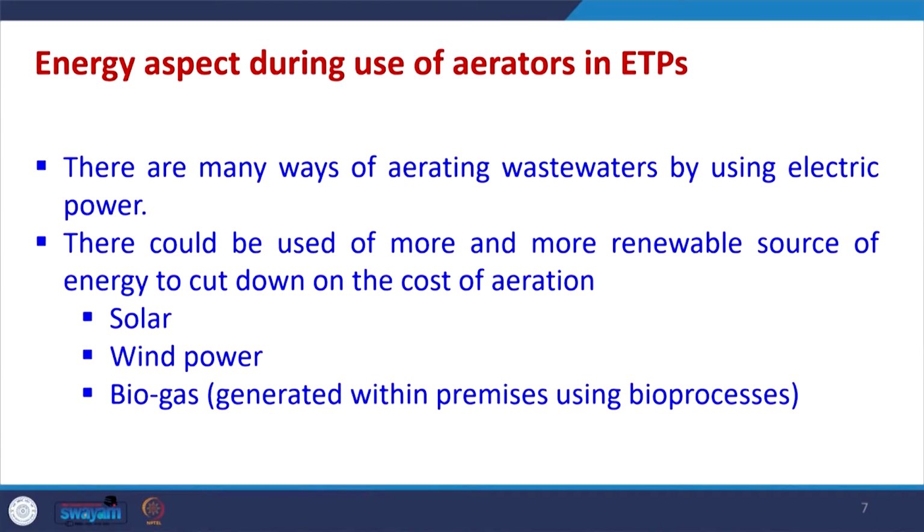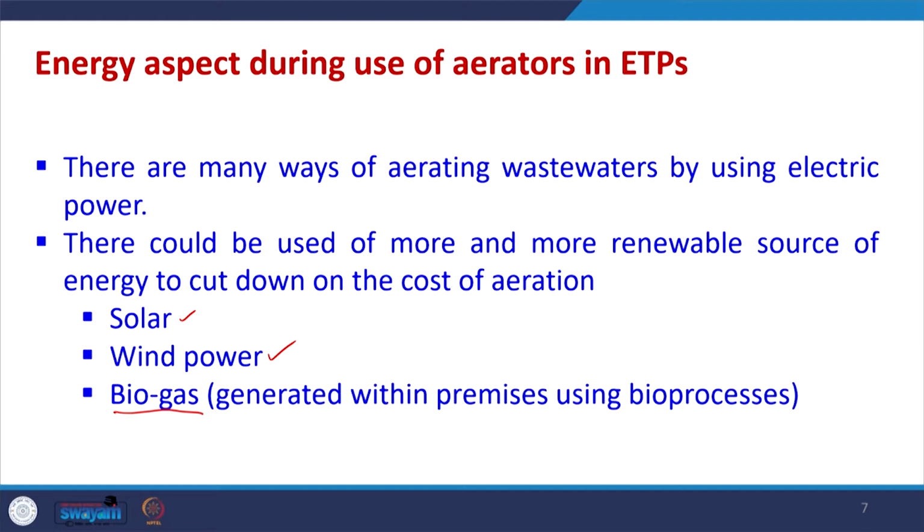So, the good idea is whether we can connect these aerators with solar or wind power, or the best option is to generate biogas within the treatment plant and use the biogas to get energy out of it. Maybe we can supply some to the grid and get money out of that.